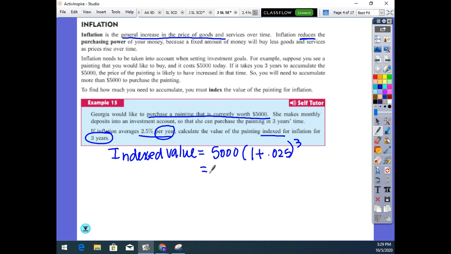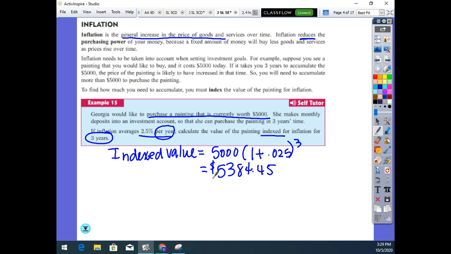So when I plug all this into my calculator, even though the painting is just worth $5,000 now, if she could buy it now, she would just need $5,000. But due to inflation, she's going to have to save up this much money if she waits 3 years to buy it, because it's going to be worth more.